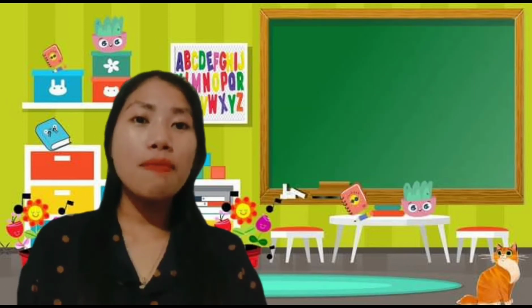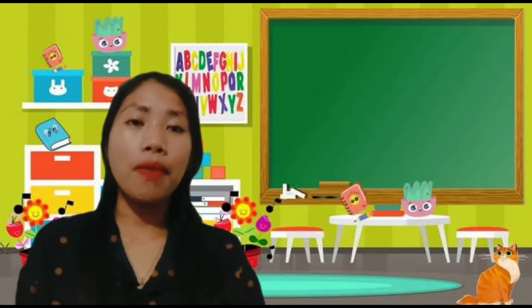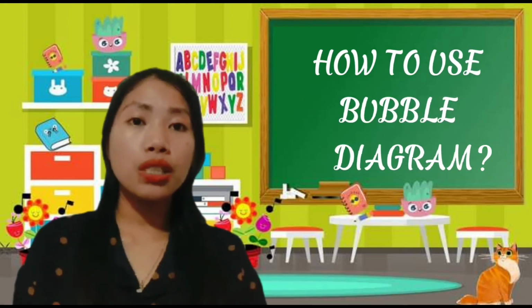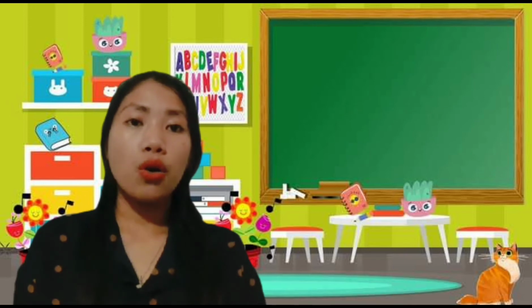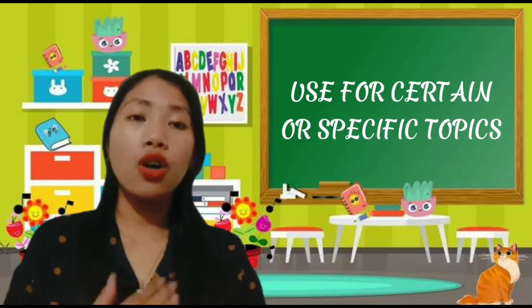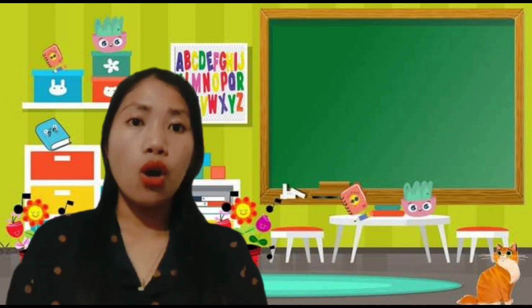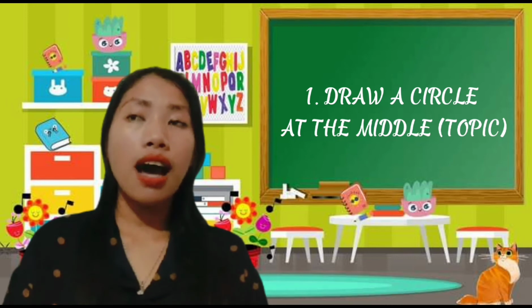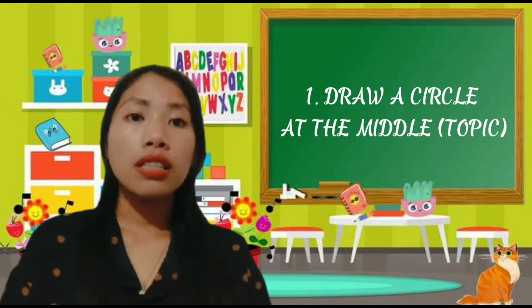Now, we all know what a bubble diagram is. I'm here to discuss how to use a bubble diagram. We use a bubble diagram on a certain or specific topic. We draw a circle in the middle for our topic.